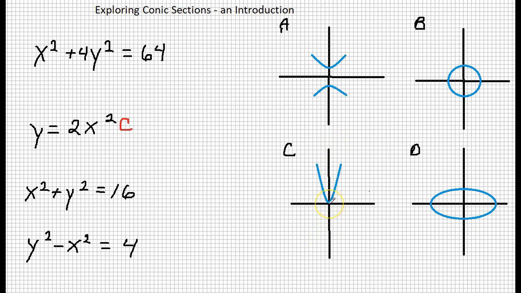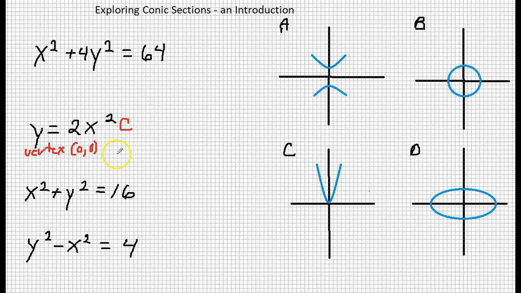All right, so now where is our vertex? Well, our vertex is at 0, 0. Does it have any lines of symmetry? Yes. The y-axis is our line of symmetry. What would be the domain and range? So let's write vertex is at 0, 0.